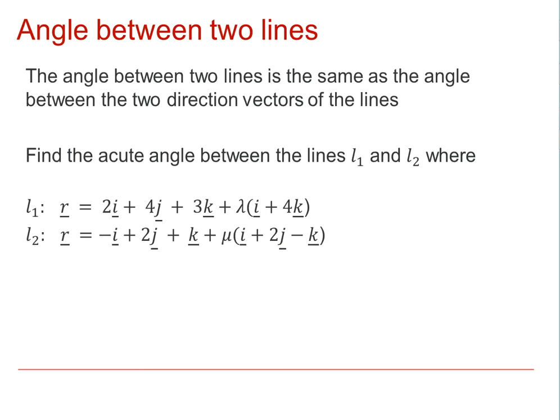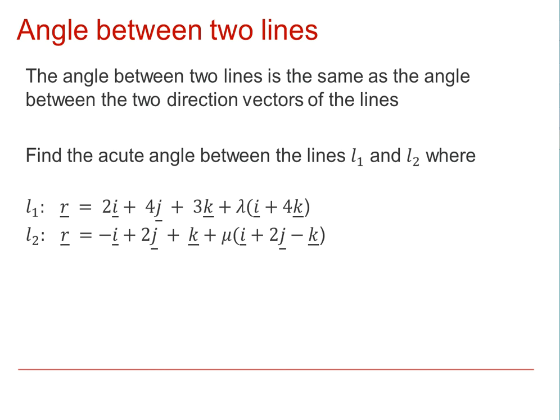Whether we are in 2D or 3D, the angle between two lines is the same as the angle between the two direction vectors of the lines. You may remember that in previous series we have looked at finding the angle between two vectors using the scalar product. Here we're asked to find the acute angle between the lines L1 and L2.